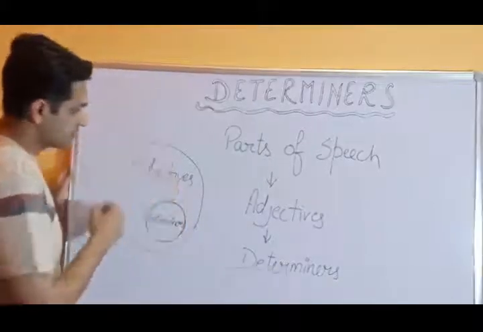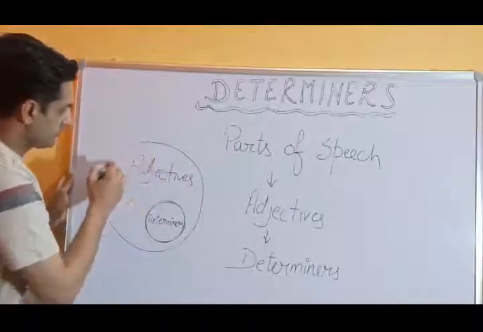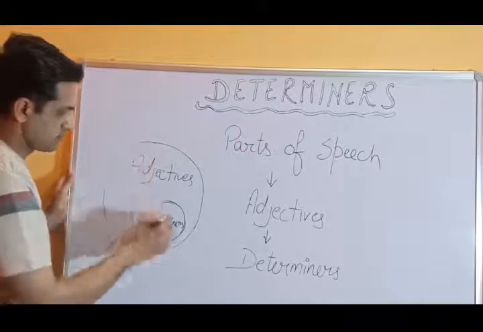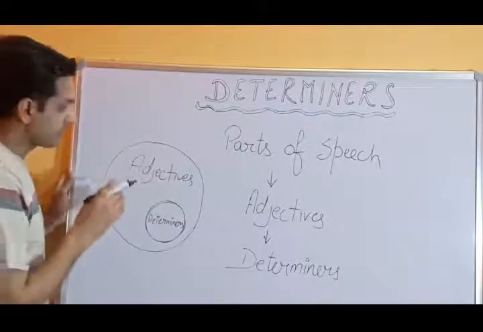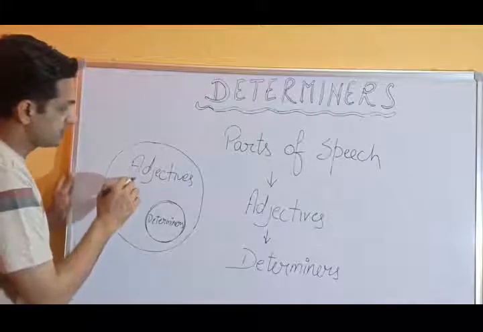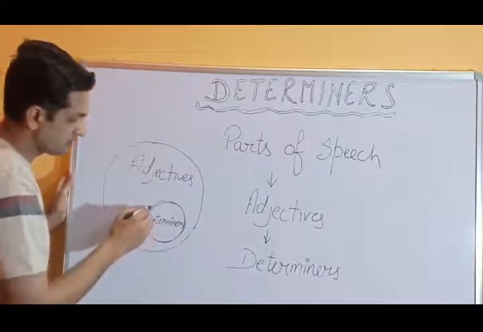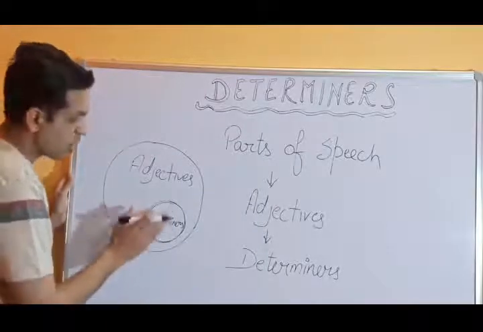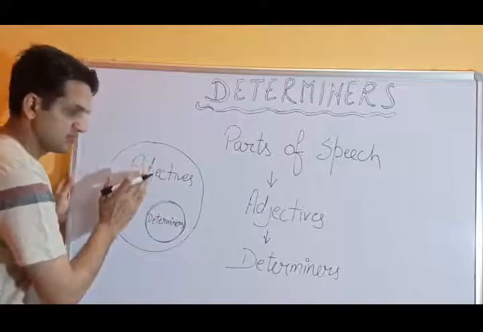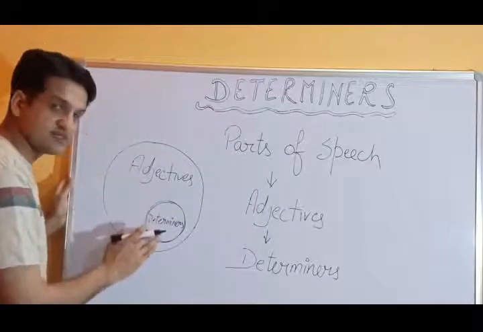If we look at this picture and consider that the words included in this large circle are adjectives, then words in this small circle are determiners. It means all the determiners are adjectives, but all the adjectives are not determiners.